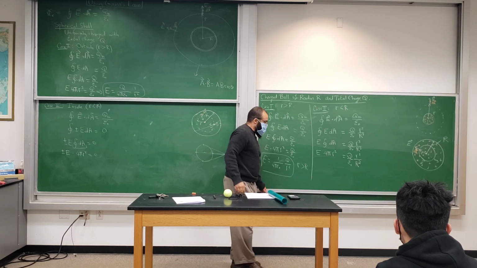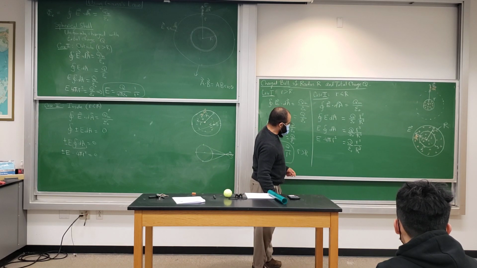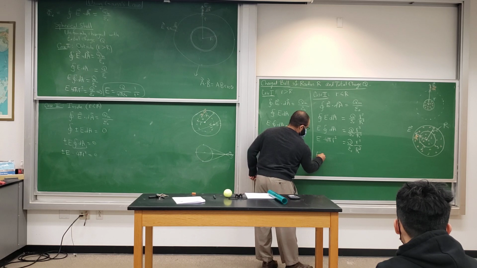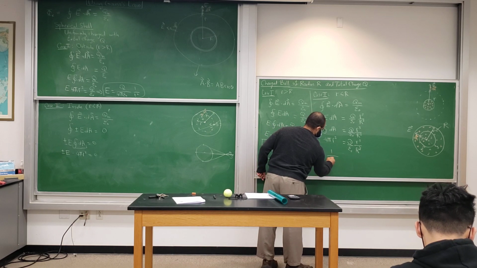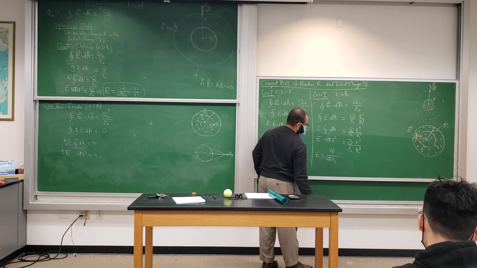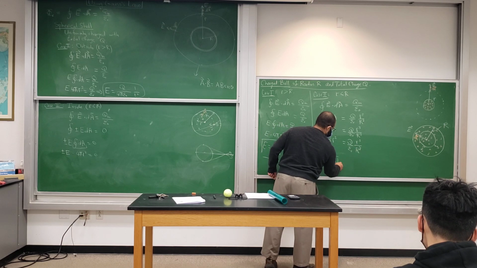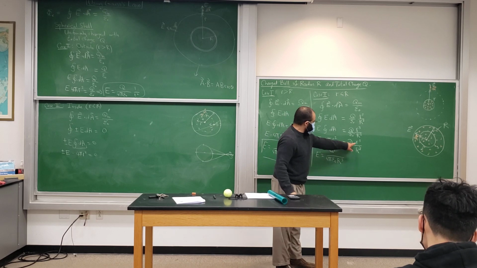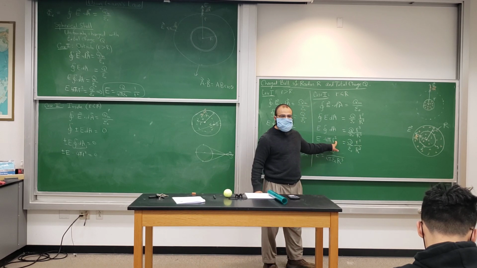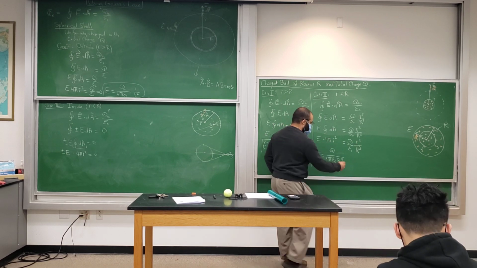So next, divide everything by r squared. So you get E would be Q over 4 pi epsilon naught, and then you have capital R cubed. And what happens when you divide r cubed by r squared? You end up with just r.